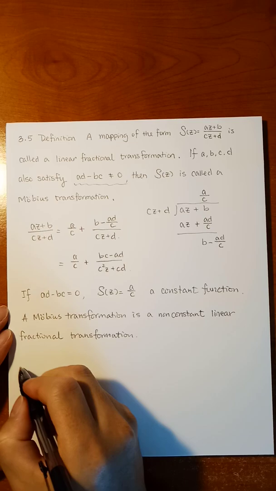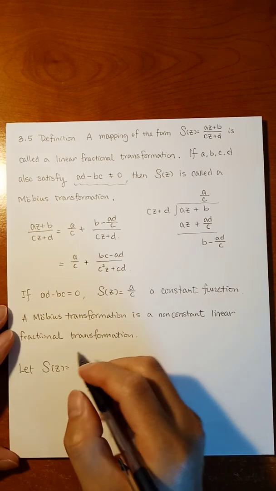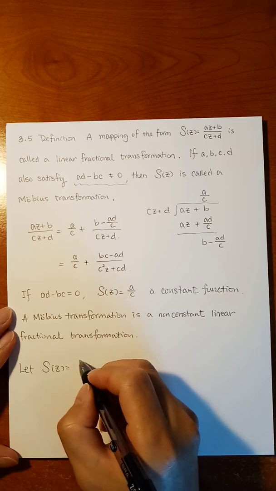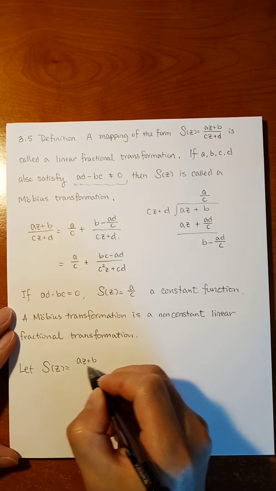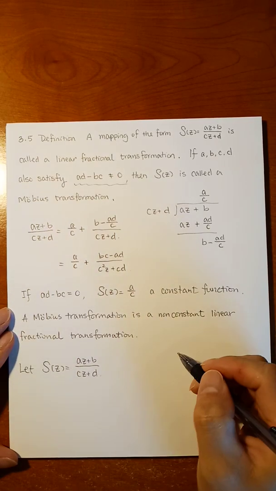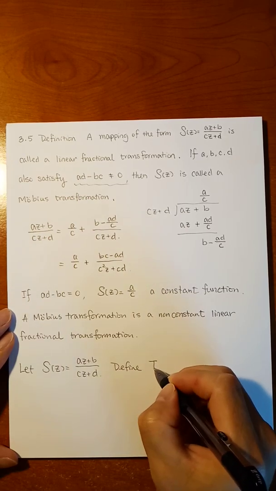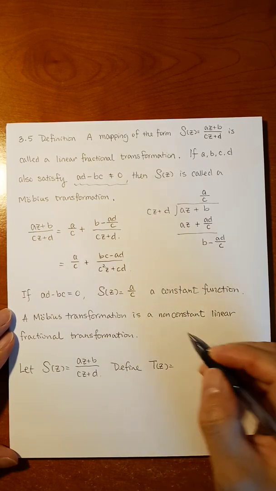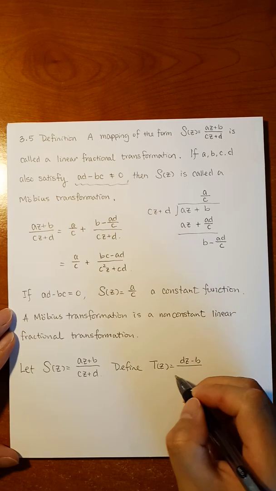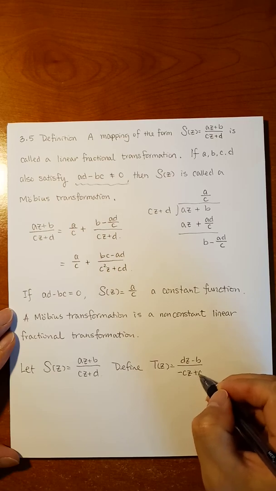And second, let S of z be (az plus b) over (cz plus d). We define T of z as (dz minus b) over (negative cz plus a).